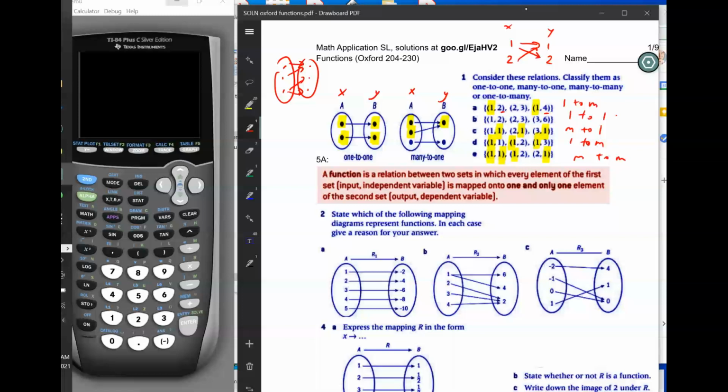In the investigation, it would be multiple turtles at the same time for the same value of x, right? Let's look at a few of these examples and see what we're looking for here.